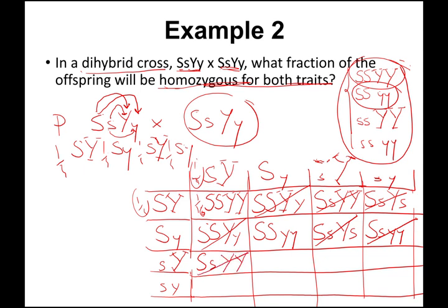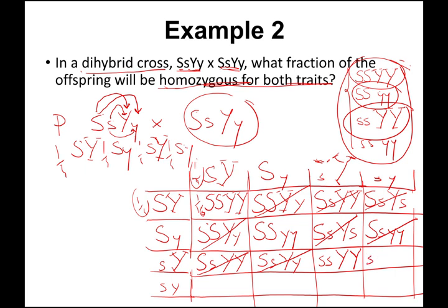Doesn't meet the definition. Heterozygous for the first one and heterozygous for the second one too. Doesn't meet the definition. These will be homozygous recessive for the first one, homozygous dominant for the second one. Meets the definition. Another one. So right now we're at 3/16 so far.